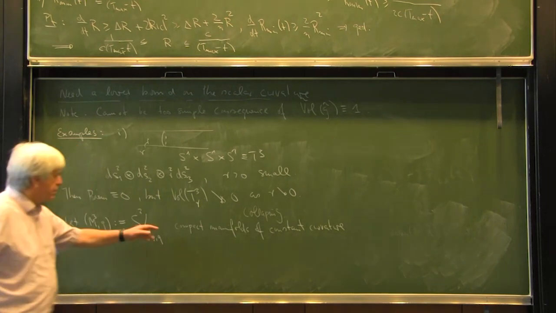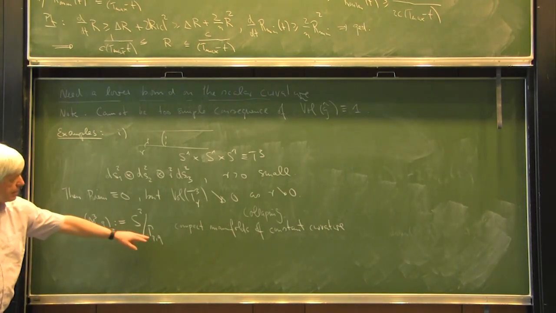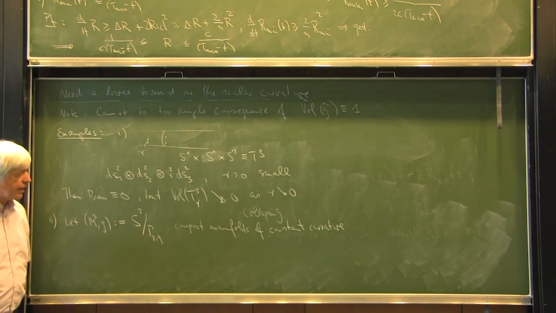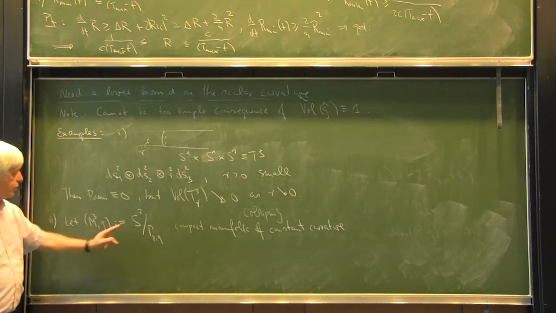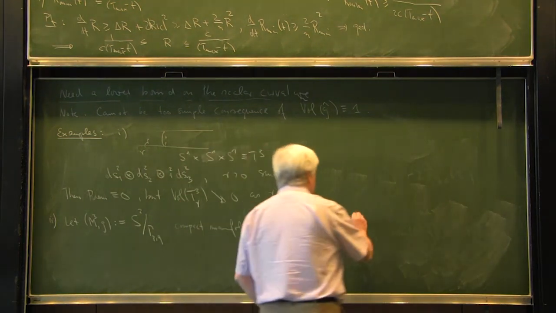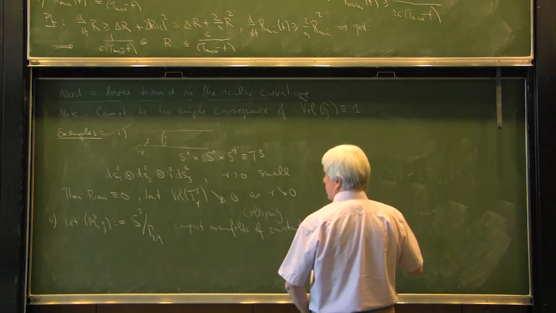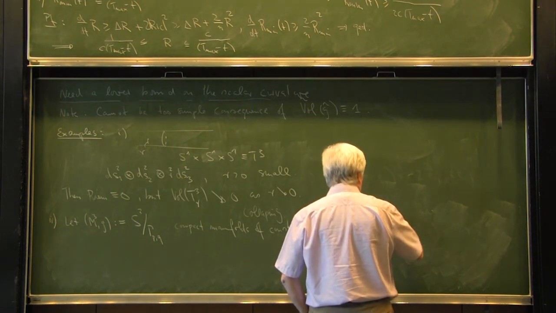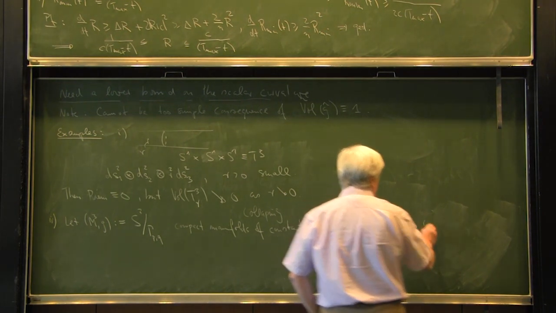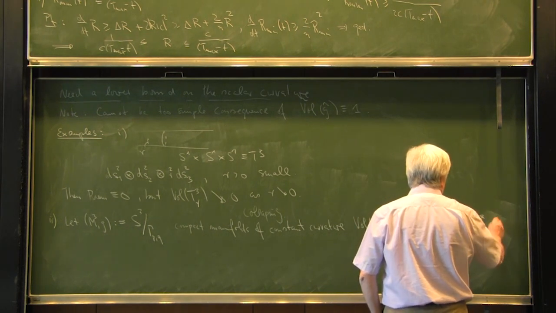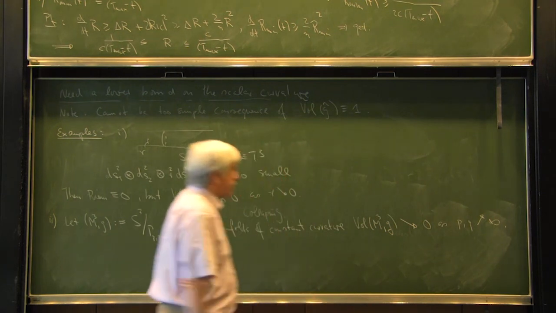quotients of the standard S3, but as the orders of P and Q get larger and larger, the volume goes to 0. The volume of these manifolds tends to 0 as P and Q get larger and larger.